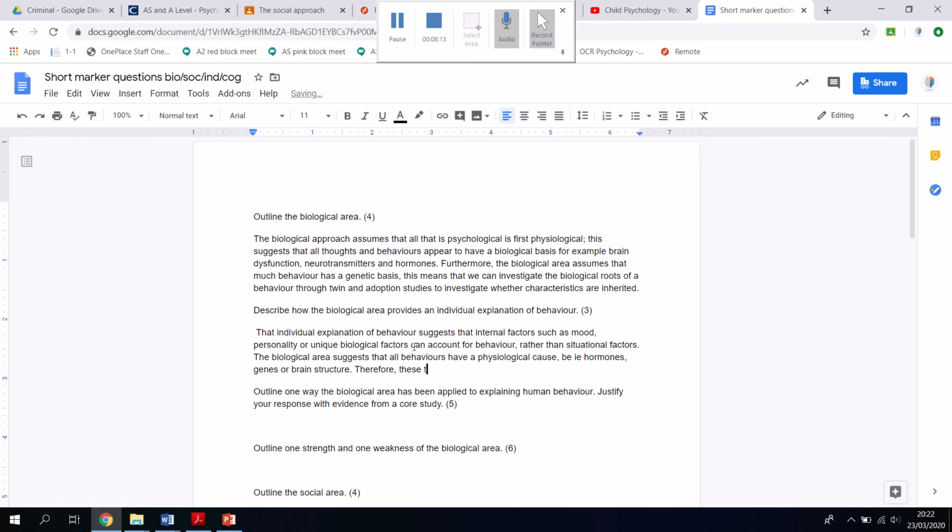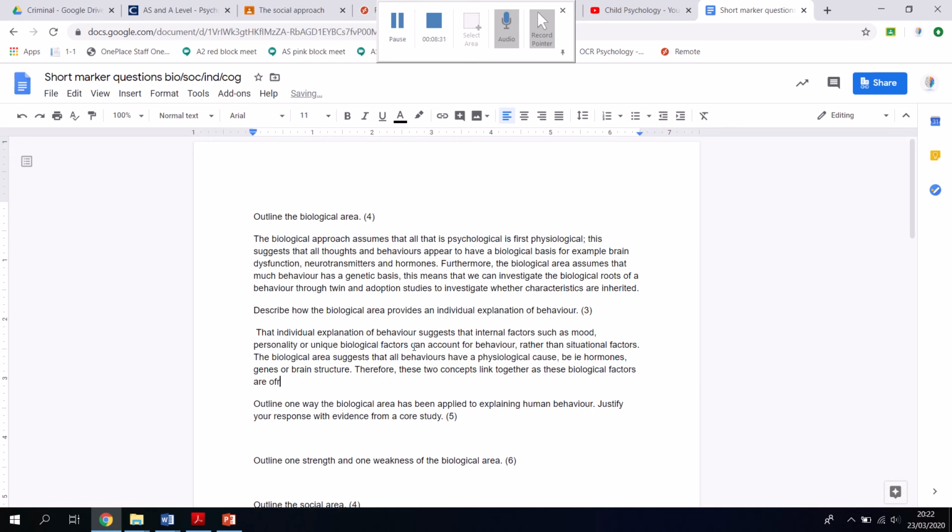Therefore, these 2 concepts link together as these biological factors are often unique and internal causes for behaviour. Okay, so really a very, very straightforward answer.